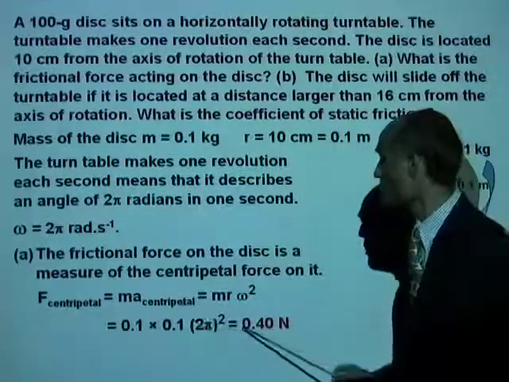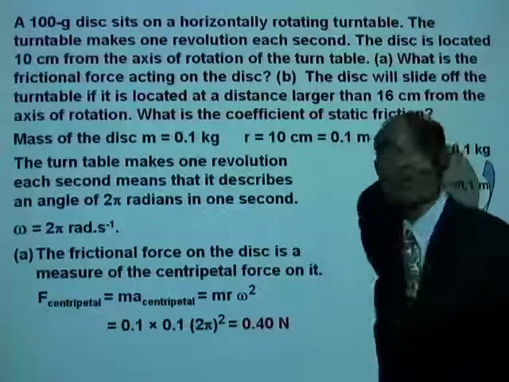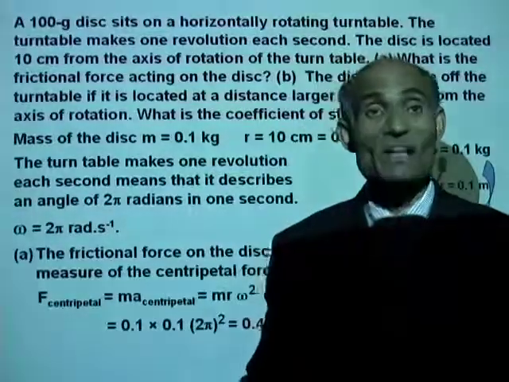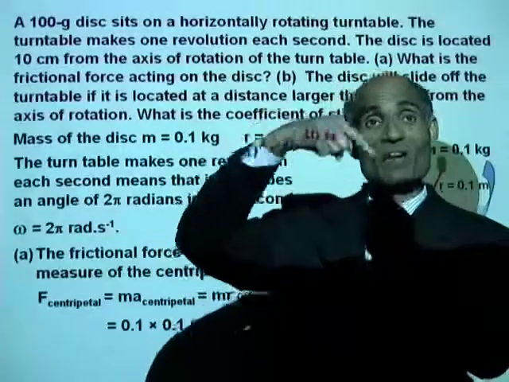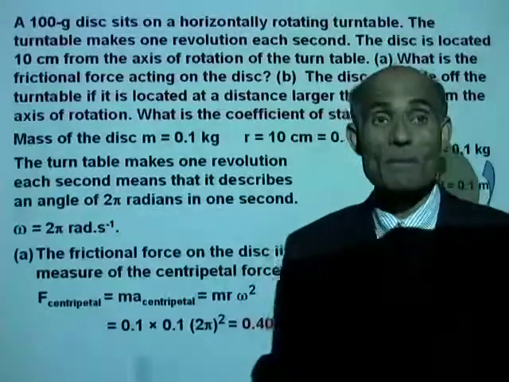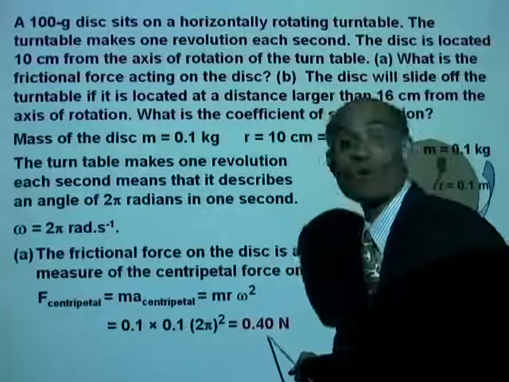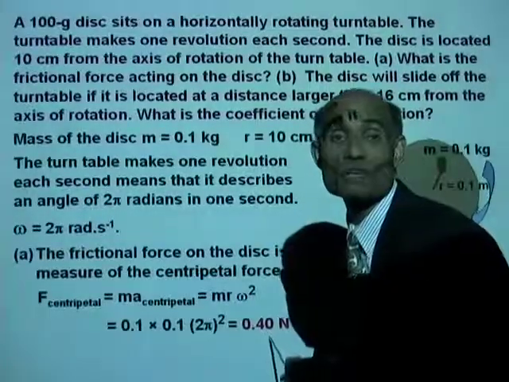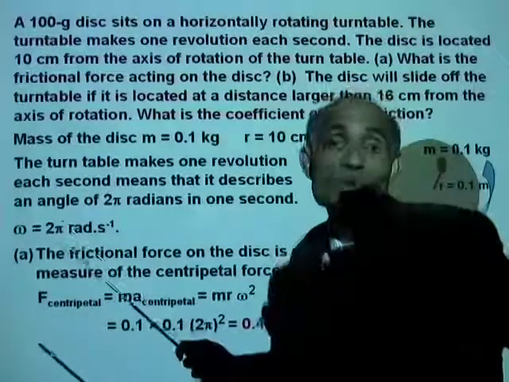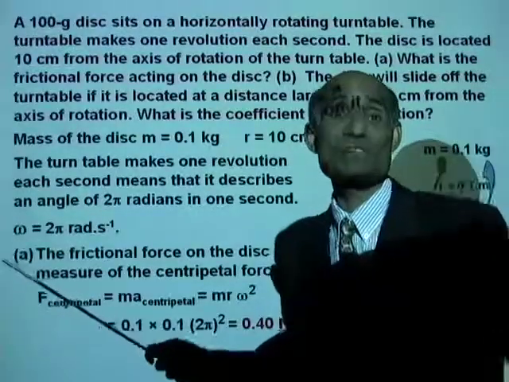Therefore, the centripetal force is 0.4 Newton. In order for that disk to sit there and go around the circle comfortably, there must be a minimum force of 0.4 Newton. In the absence of this centripetal force, the disk will move away along the tangent.